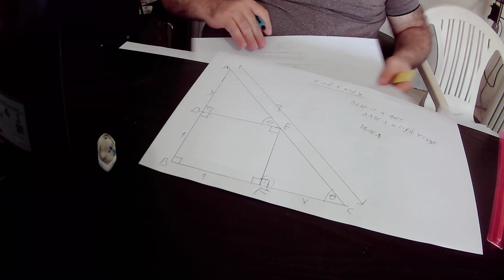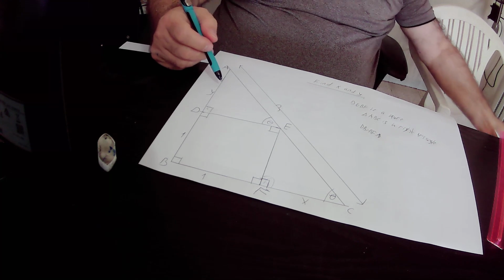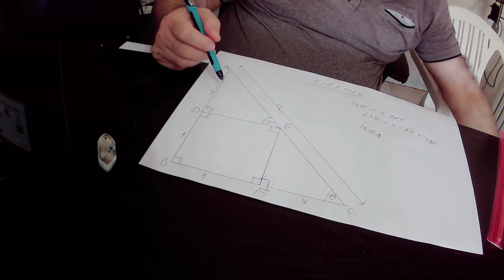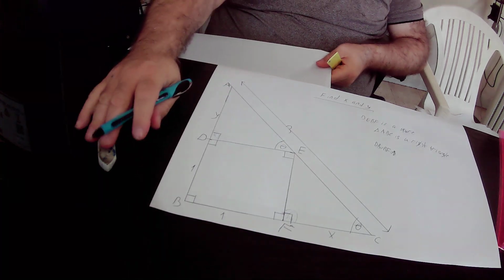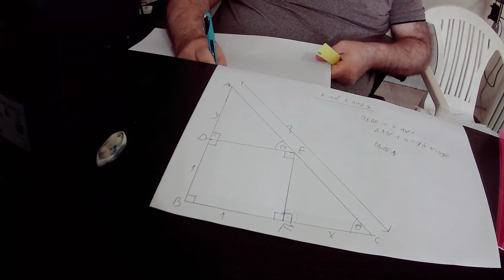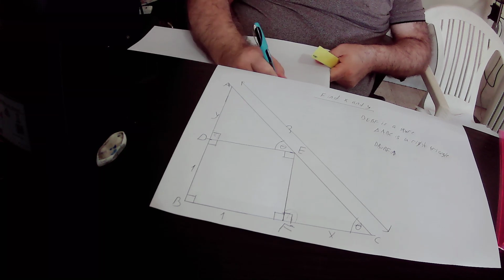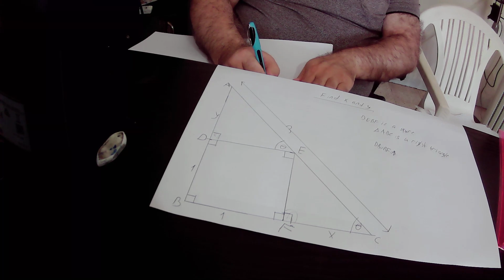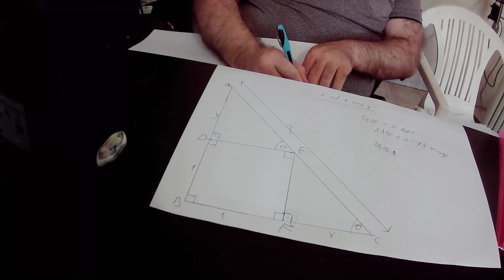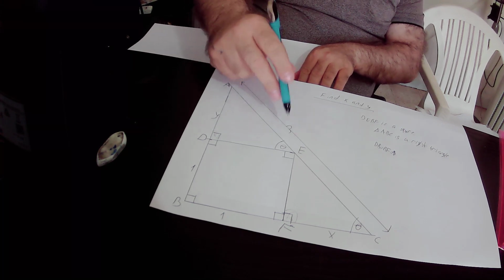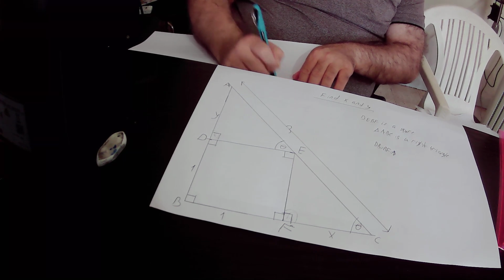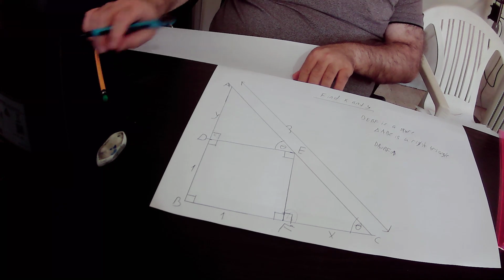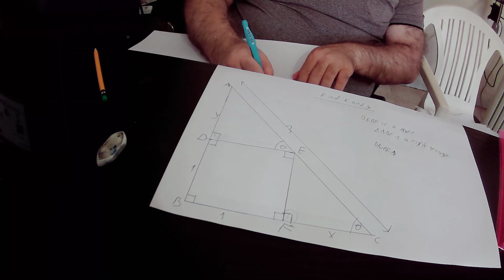And we will focus on the right triangle, triangle ADE. On the right triangle ADE, we know that tangent theta equals AD over DE.